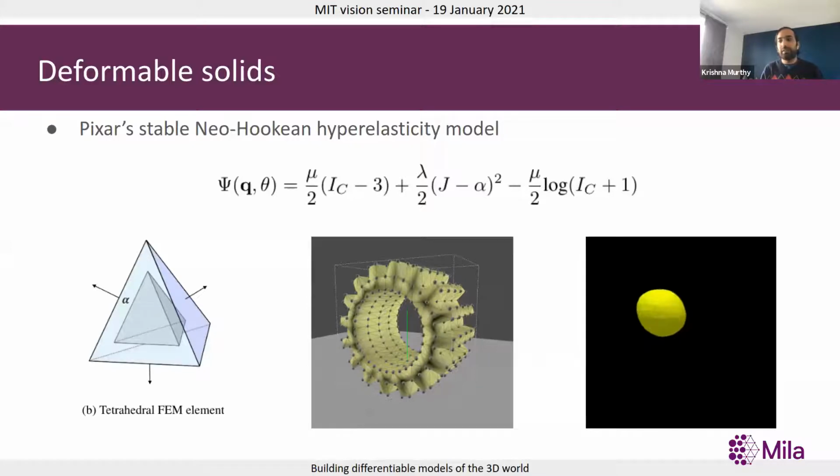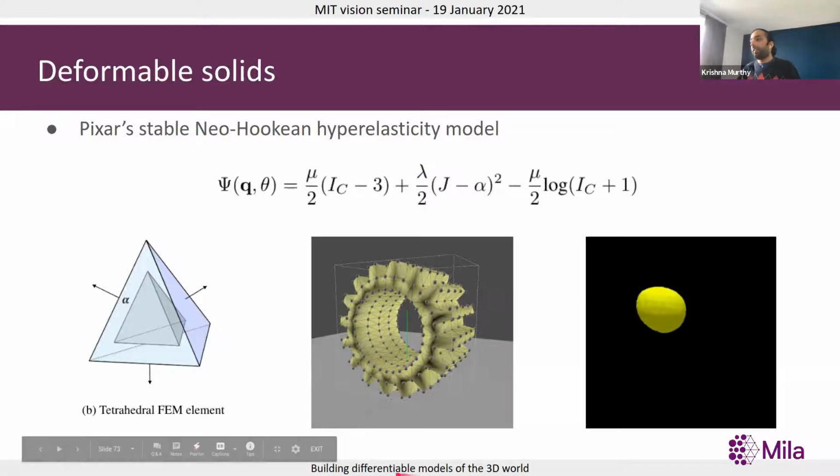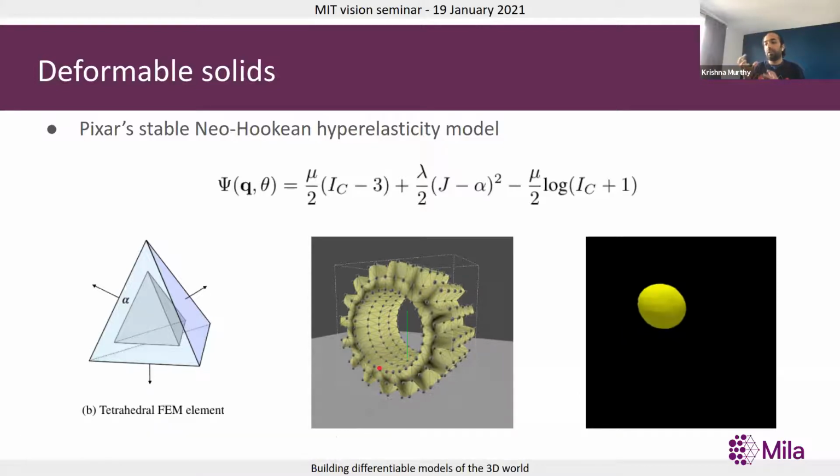The graphics and rendering community cares a lot about how the surface of an object is represented, and in physics simulation we care a lot about the internals as well. So these are solid tetrahedral FEM elements and not triangles. We use a neo-Hookean hyperelasticity model, which is just a design choice we made, but there are quite a few other alternatives.